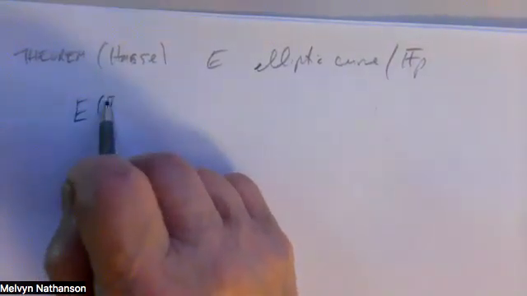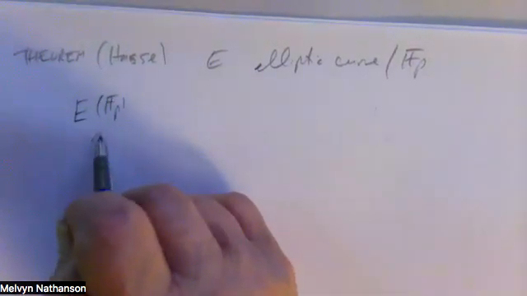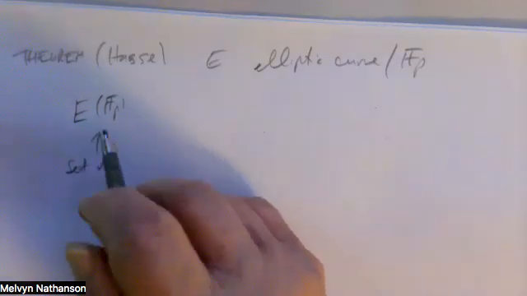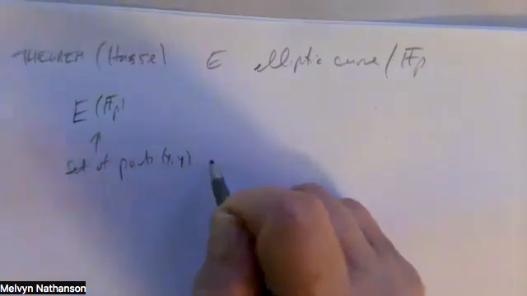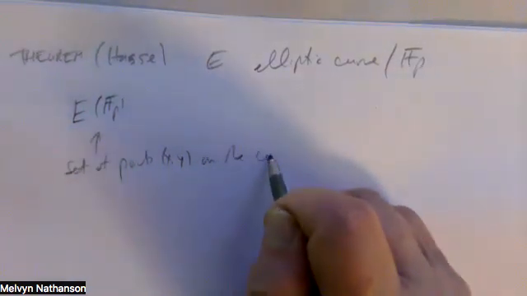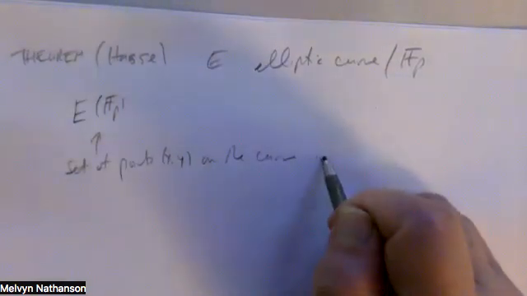So you have E, an elliptic curve over the finite field with p elements. So E of F_p is the set of points (x, y) on the curve in F_p.